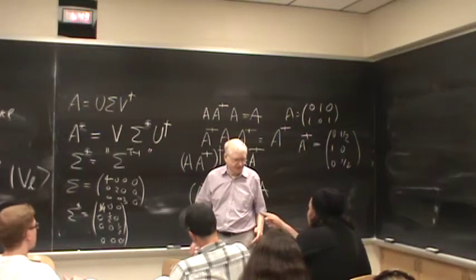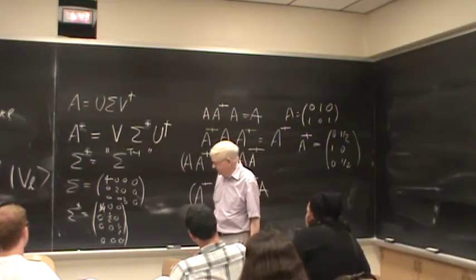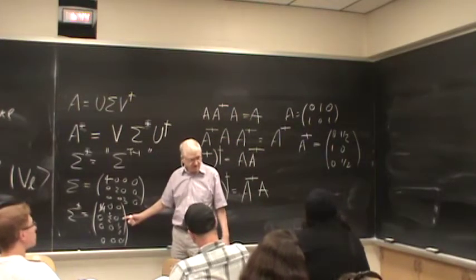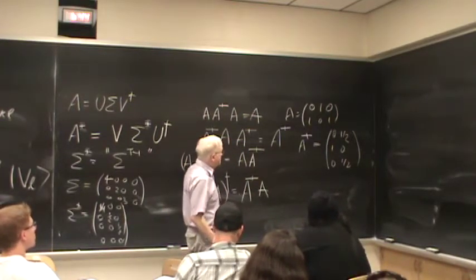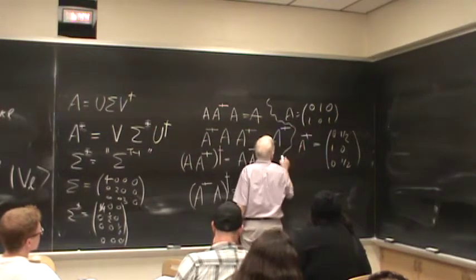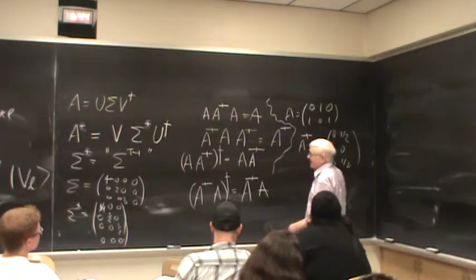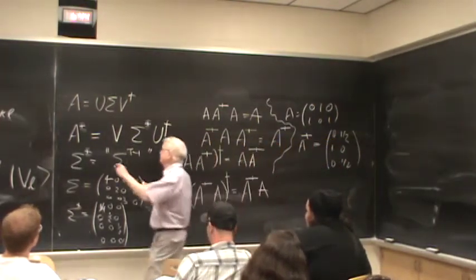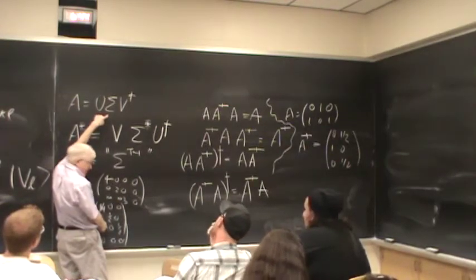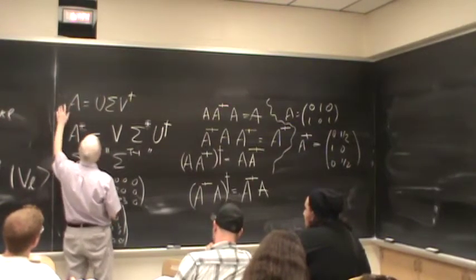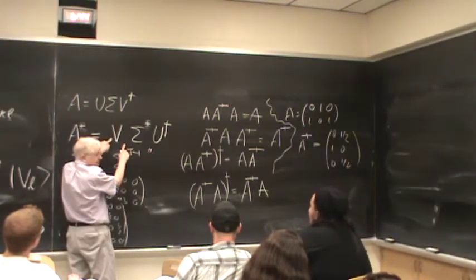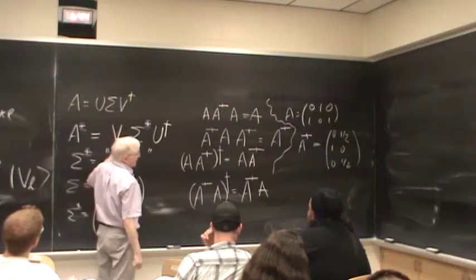So, is that not the general rule to construct the sigma plus? It is, yeah. It's a general rule for sigma plus. Why do we have 1/2 on A plus? Oh, because there are two different things. You go from sigma to sigma plus this way, whereas you go from A to A plus this way.